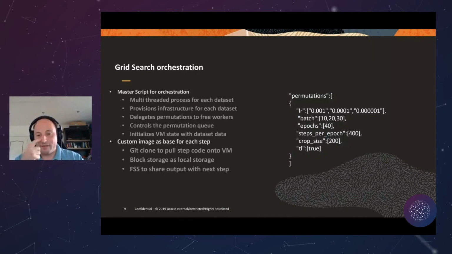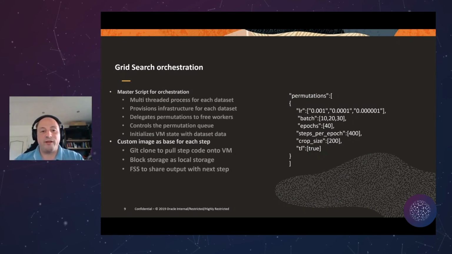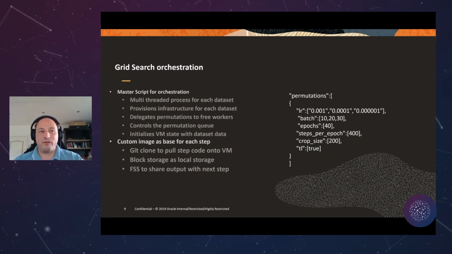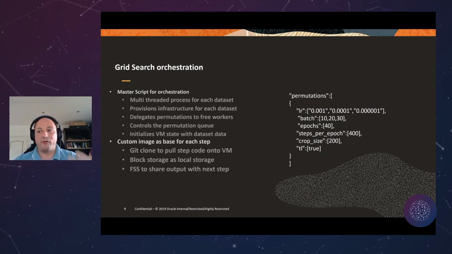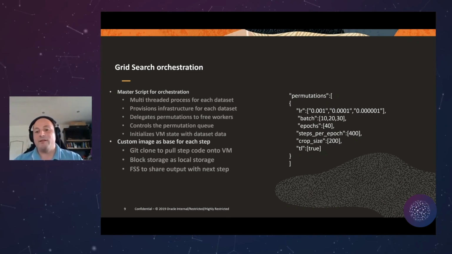Like I said, at the moment we do not support GPU shapes to run on Kubernetes. Because the customer wants to have their neural network in, they want to run it as a grid search to find the most optimal model. And on the right-hand side of my slide, you can see these are the different permutations that we want to run through.